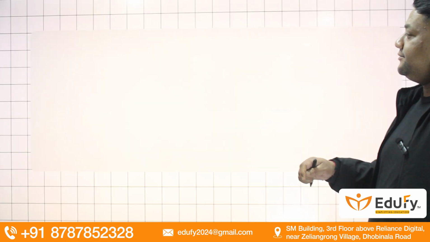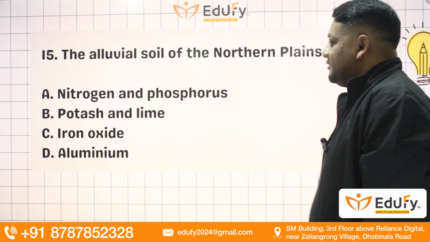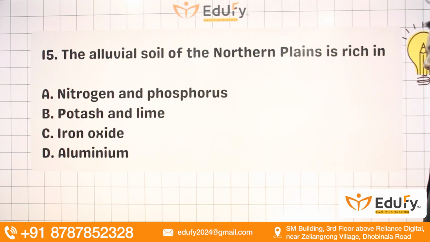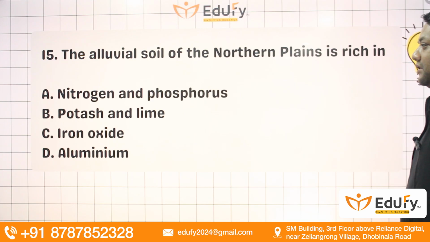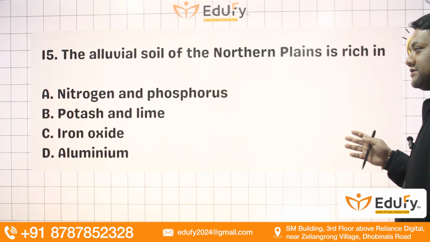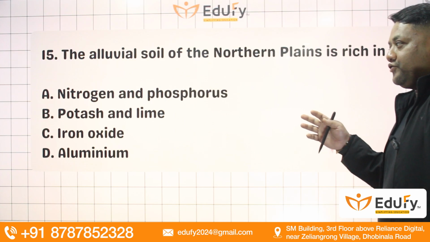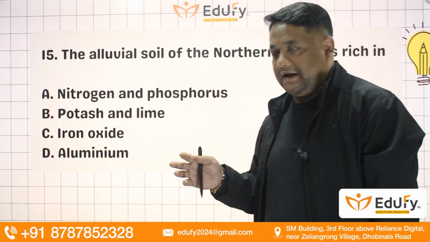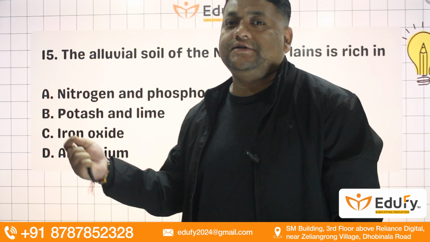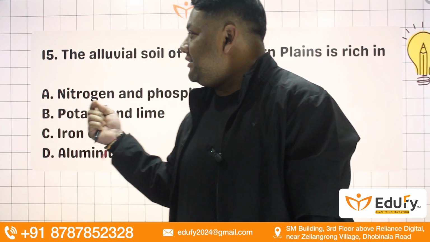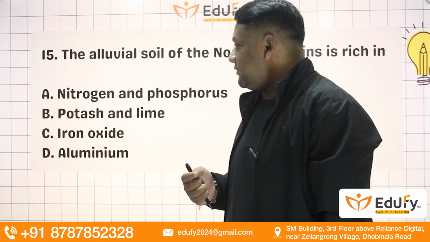Okay, next question. The alluvial soil of the northern plain is rich in nitrogen, phosphorus, potash, lime, iron oxide, and aluminium. Now, remember, in alluvial soil there are some cases where nitrogen and phosphorus decline. Why? When we see alluvial soil deposited in the northeastern part or West Bengal, good, very flourishing vegetation is found.